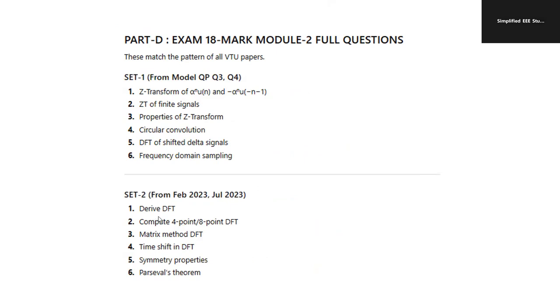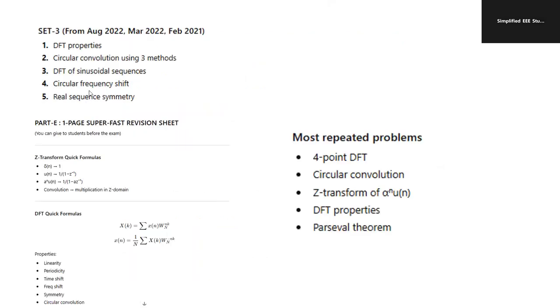Questions: derive DFT, compute 4-point and 8-point DFT, marking method, like symmetry, time shifting, then Parseval's theorem. These things are very, very important. From the third set, I observed that the following questions will appear in the coming examination: DFT property, circular convolution, then DFT of sinusoidal sequence, then circular frequency shift and real-time symmetry.